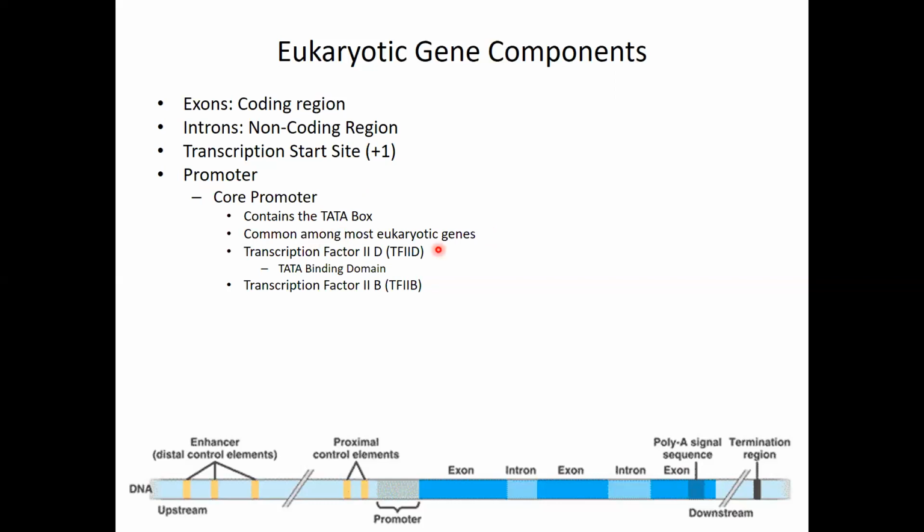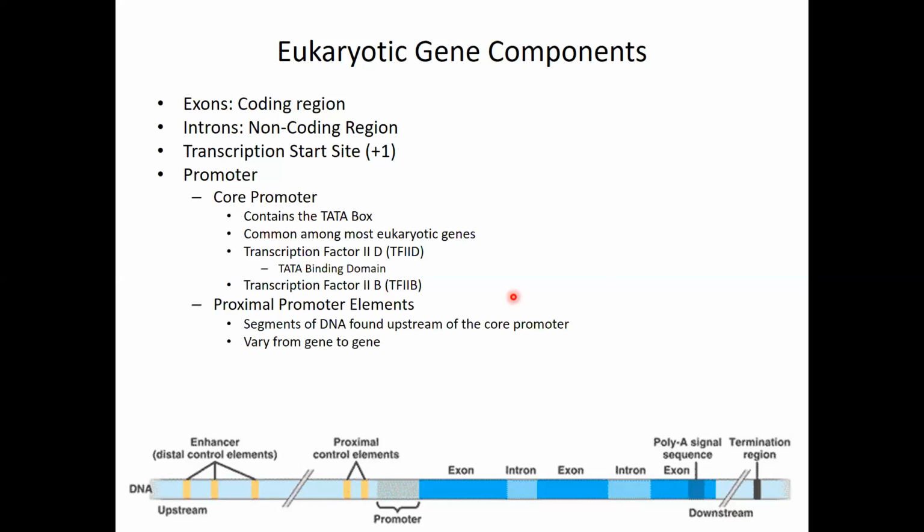It also brings in a transcription factor called transcription factor 2D, which is essentially near the TATA binding domain. And then we have transcription factor 2B, or TFIIB. These are components of the core promoter.